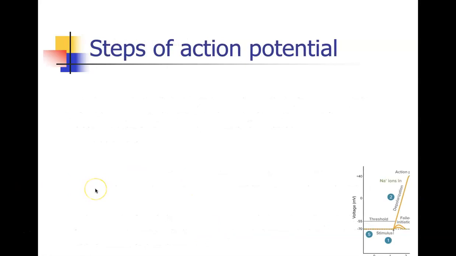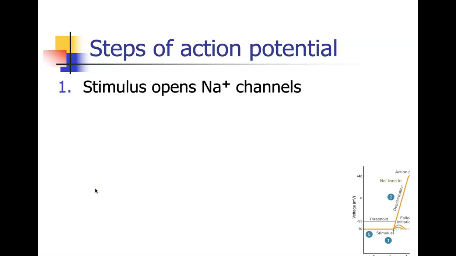Okay, so how do we get our cells to fire? How do we get our cells to create an action potential? We can look at this graph here on the bottom, but our cell is here at -70 resting. Some kind of stimulus from other cells is going to open sodium channels.